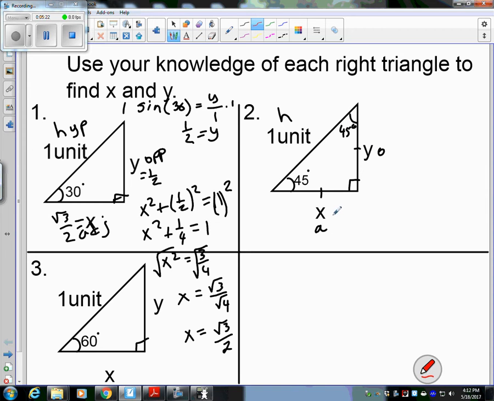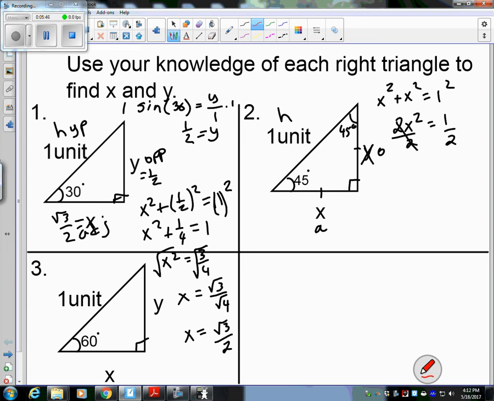Instead of y, let's make it x. Now we have two x's, and we can use the Pythagorean theorem. x squared plus x squared equals 1 squared. x squared plus x squared is 2x squared. 1 squared is 1. Divide by 2.